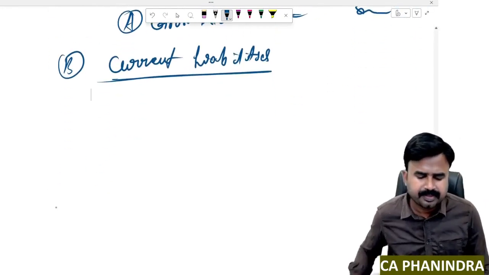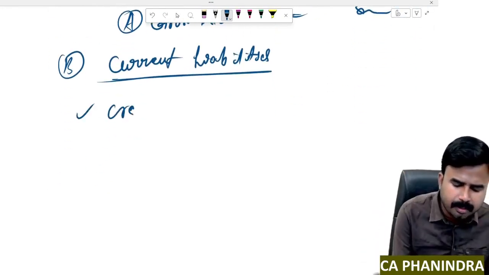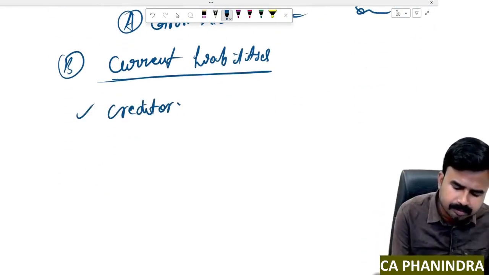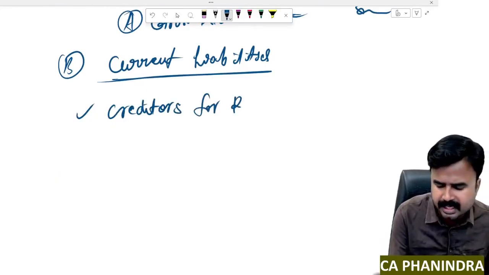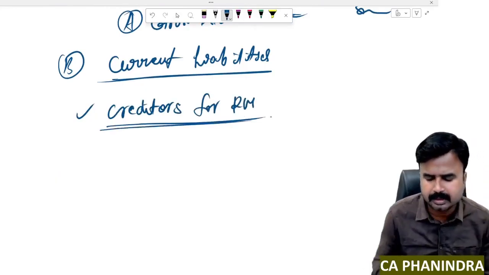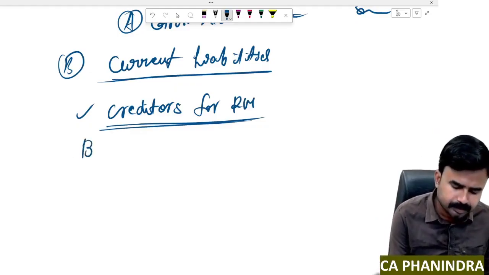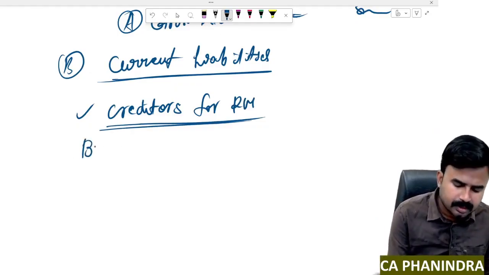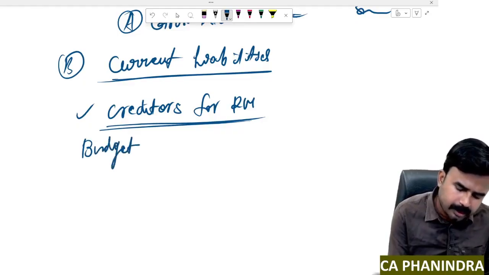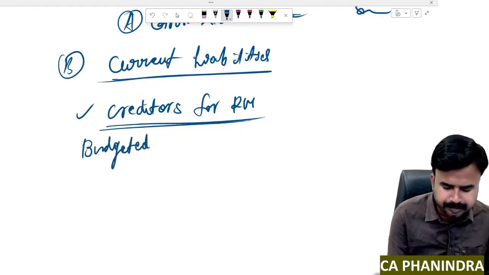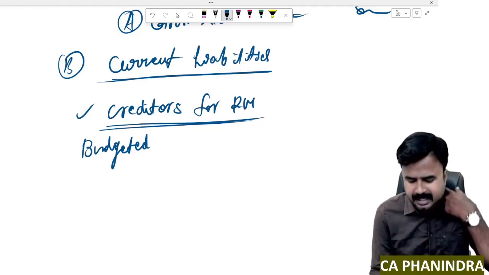Let me write the creditors for raw material. This is my first financing component. Actually, you should write credit purchases here.